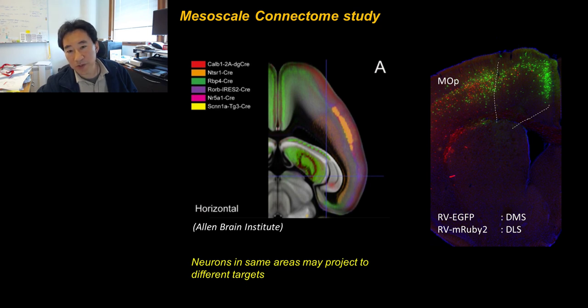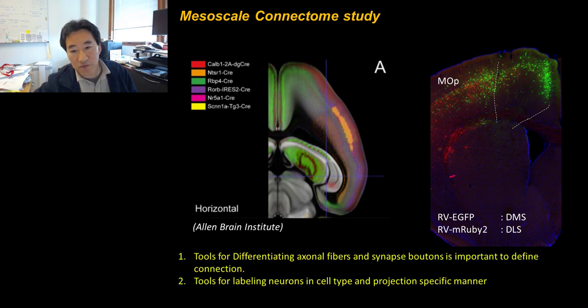A lot of effort has been done and is still going on to generate transgenic animals expressing Cre recombinase under a specific promoter, marking the specific cell type in cortex. There is a long list of transgenic animals expressing Cre and marking different cell types, but still, neurons of the same type labeled by this Cre line may project to different brain areas.